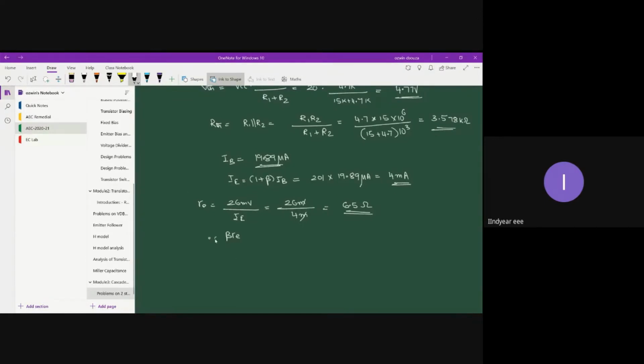Therefore, beta RE is equal to 200 times the RE value, which is going to be 1,300 ohms, or 1.3 kilo ohm.